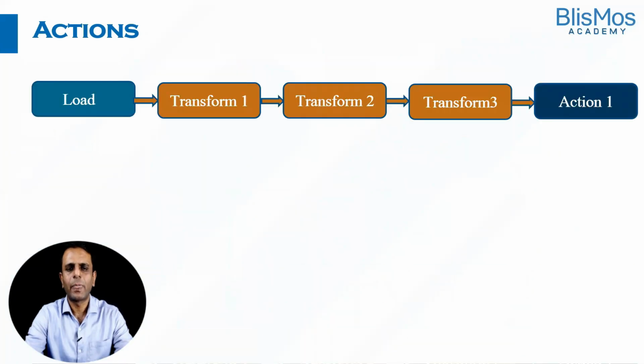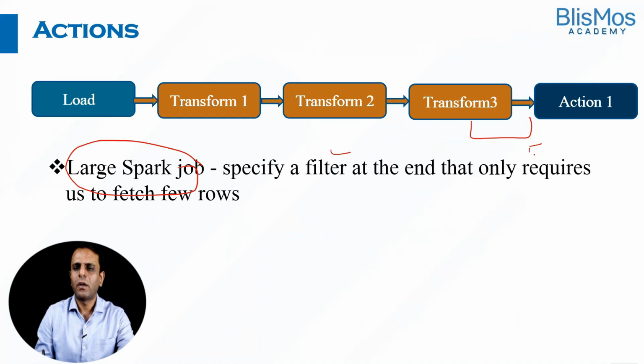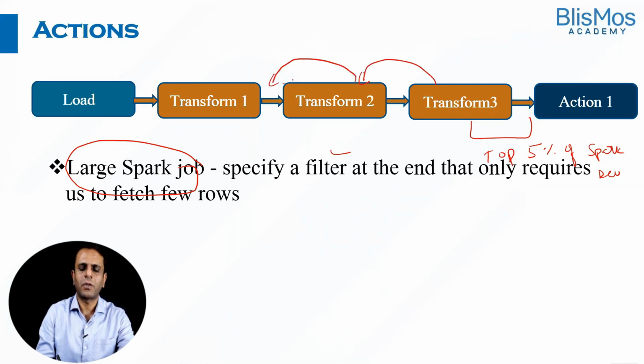If you really see here, in this transformation, there is a large Spark job, and we are specifying a filter at the end of the transformation. Here we are trying to understand Spark developers, top 5%. That is the final filter. Prior to that, we have already applied one transformation.